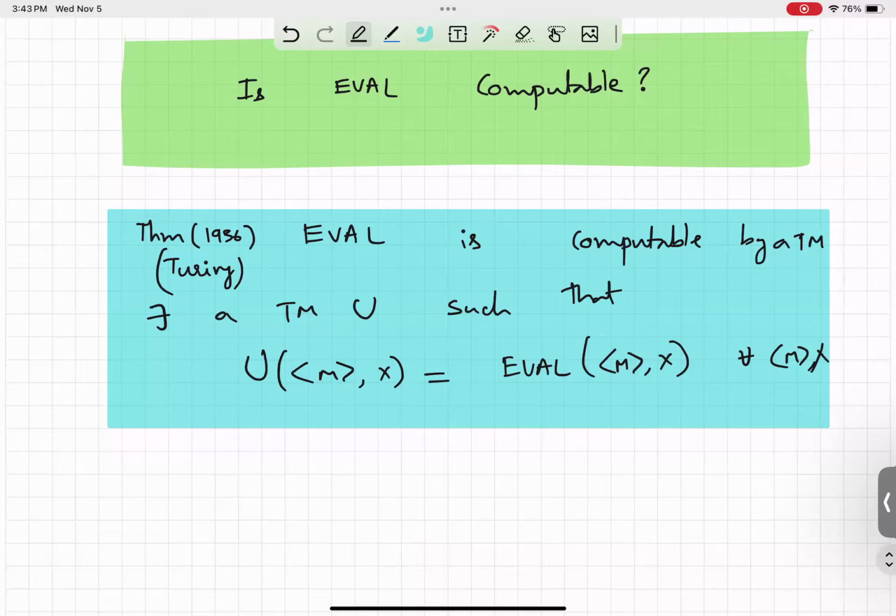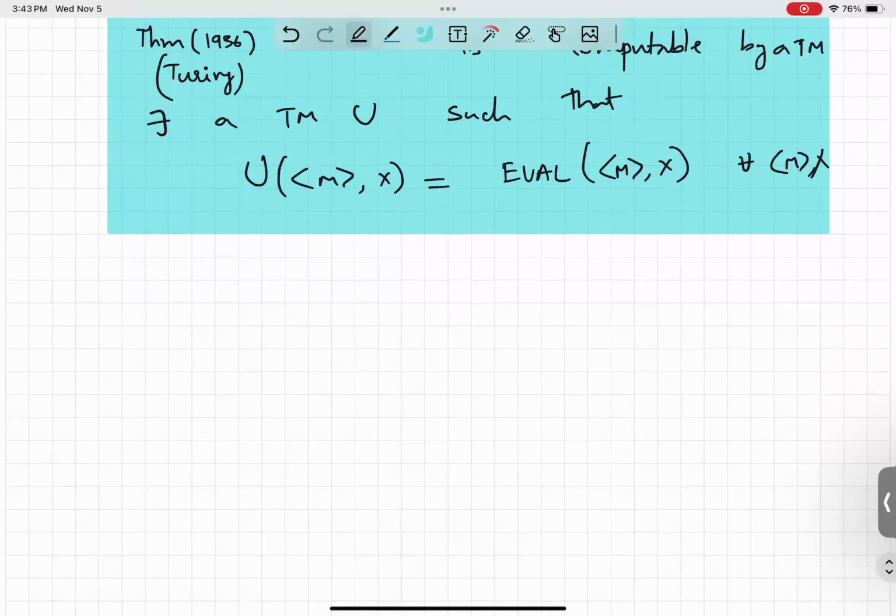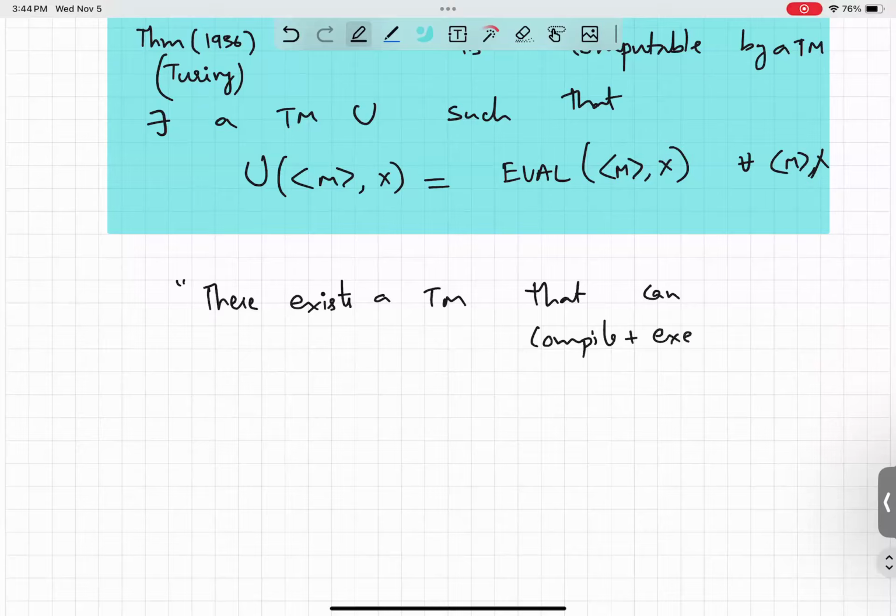This is highly circular. This should be very bizarre. It's saying there exists a Turing machine that can compile plus execute Turing machines. It almost feels like we're eating our own tail, right?